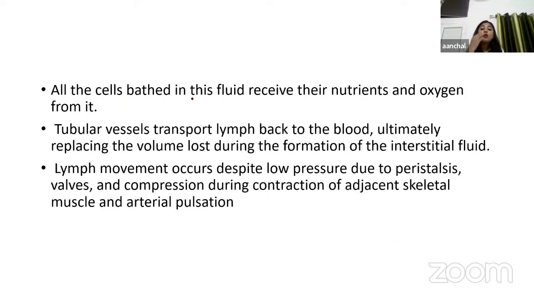All the cells that bathe in the tissue fluid receive their nutrients and oxygen from it, and tubular vessels transport lymph back to the blood, ultimately replacing the volume lost during the formation of the interstitial fluid. Lymph movement occurs despite low pressure due to peristalsis of the vessel wall, compression during contraction of adjacent skeletal muscles, and arterial pulsation.